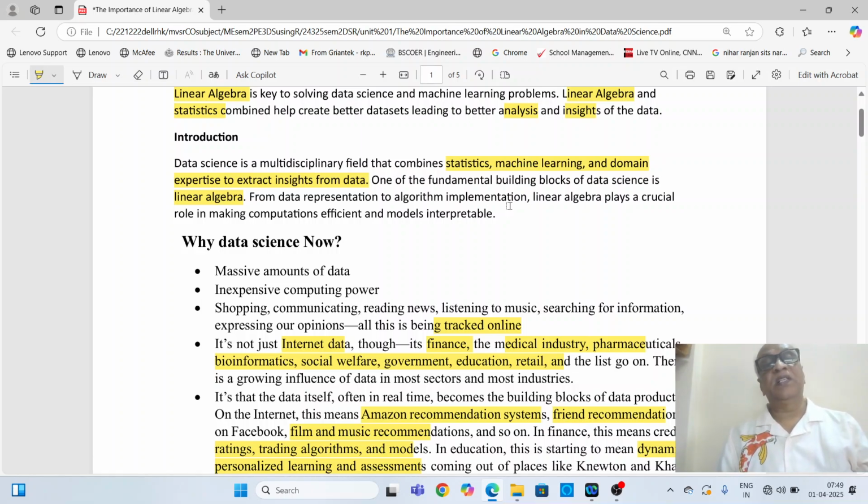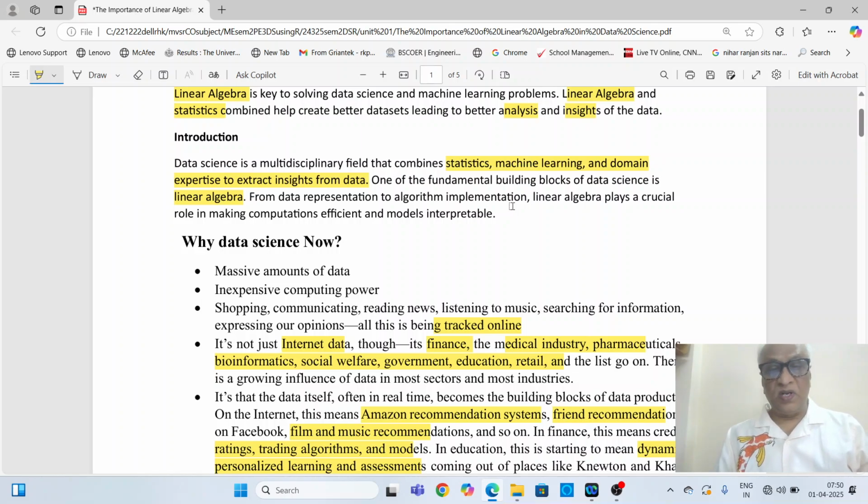Now, coming to data science, suddenly everybody is speaking about data science and data engineering and related buzzwords. Why now? Because we know that massive amounts of data are being created in the form of internet data, social media, emails, online purchases, online banking, online medical, pharma, bioinformatics, social welfare, government, education, retail.